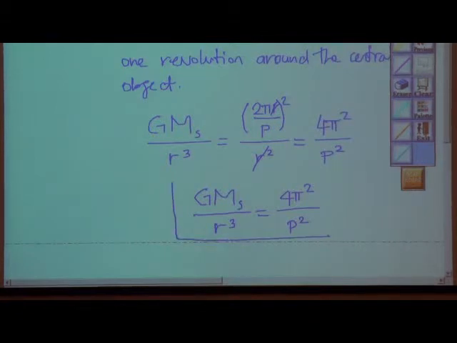You will soon see that this is sometimes called Kepler's third law, but we don't identify it yet with that name.